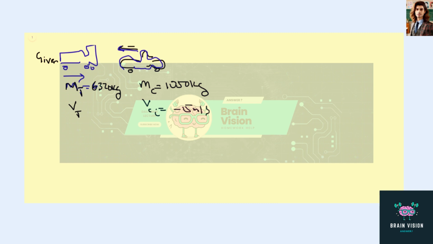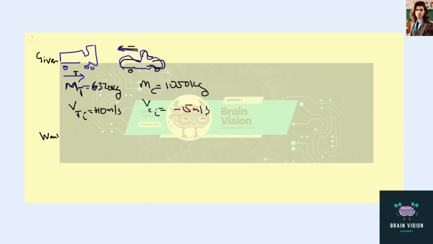The initial velocity of the truck is given as 10 meters per second. That's the information we're given. It's positive because it's moving towards the right.